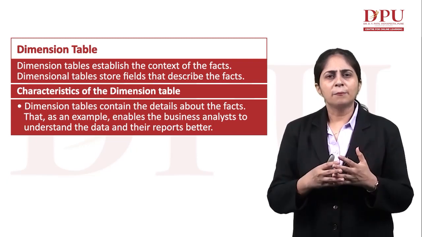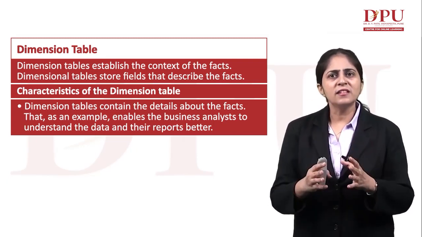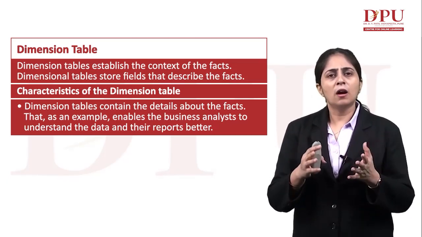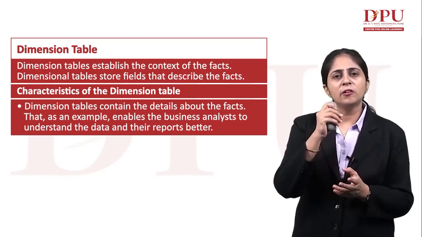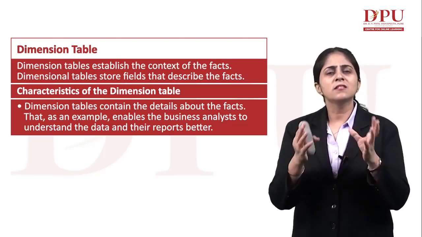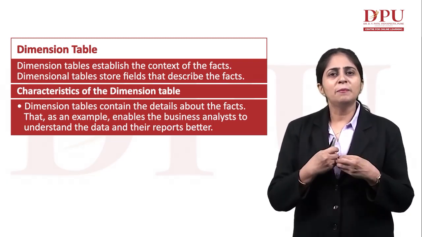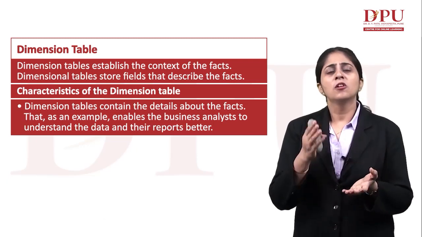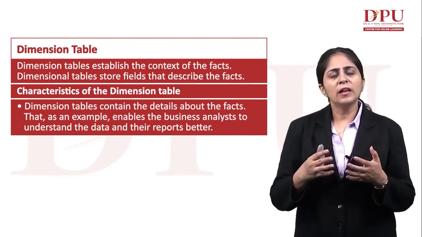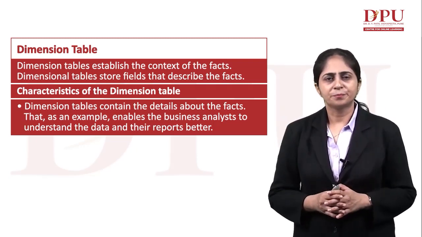As an example, it enables the business analyst to understand the data and their reports better. If we have a certain dimension table related to our fact, we will exactly get to know what this fact represents. So it will enable our business analyst to understand the data better, so that they can create better reports related to those facts.